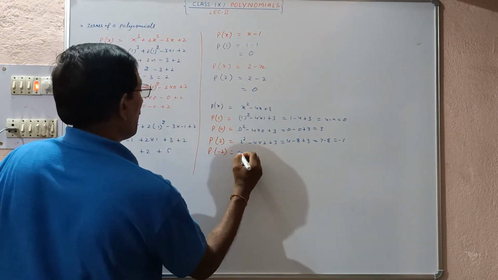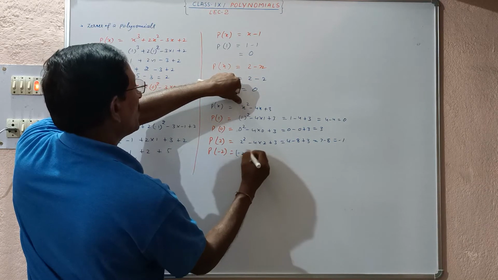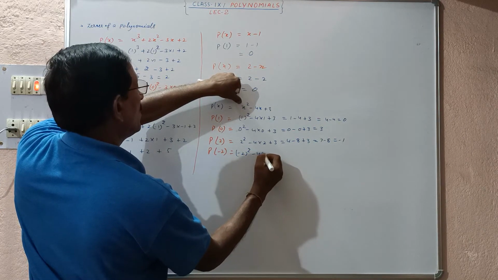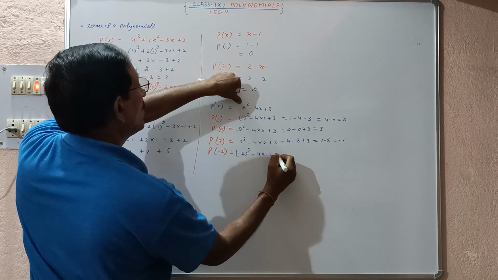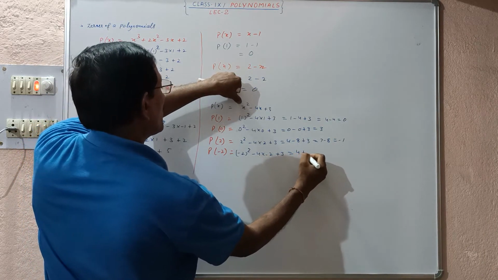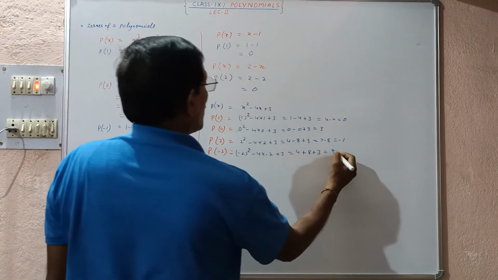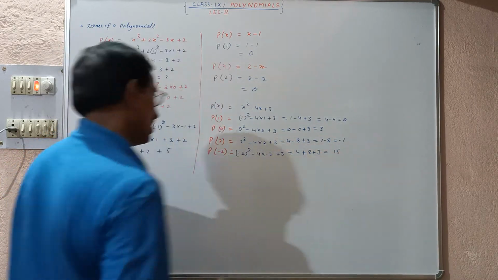So p(minus 2): we put minus 2 squared minus 4 into minus 2 plus 3, that is equal to 4 plus 8 plus 3, that is equal to 15.